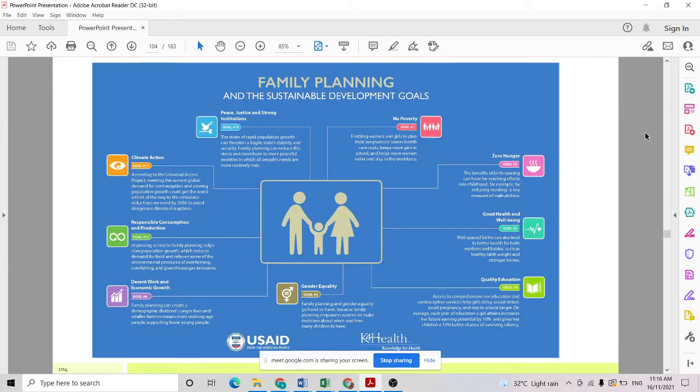So family planning. You have the 16 goals on family planning. This item is being discussed by the UN, from the American people, K4 Health. But don't be confused with our Muslim.